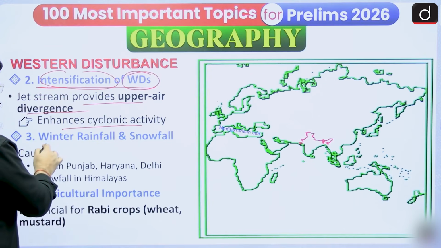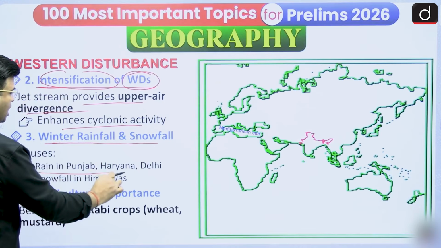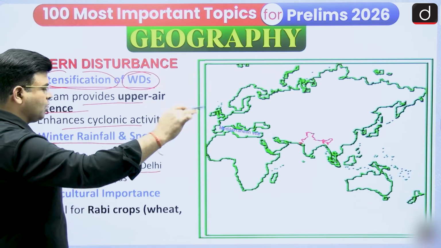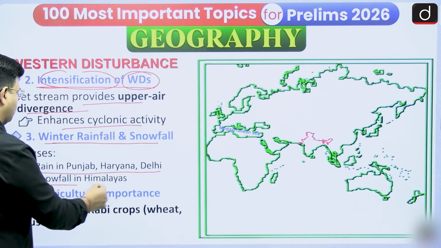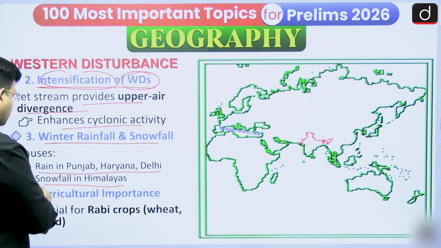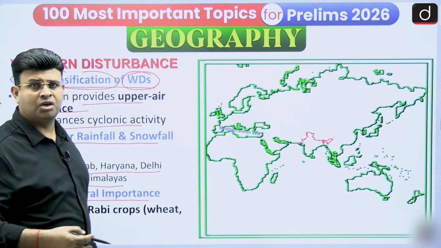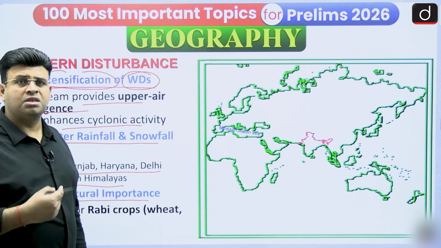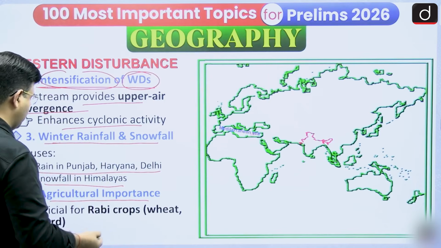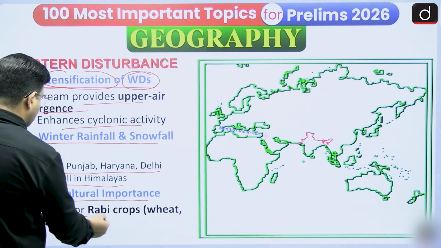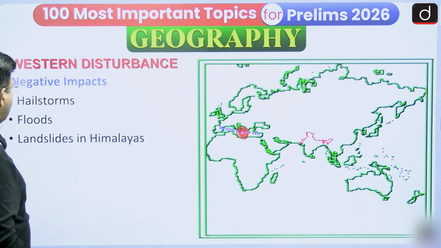Another one is winter rainfall and snowfall: it causes rain in Punjab, Haryana, Delhi, UP and Bihar, and snowfall in the Himalayas. It also has agricultural importance. Rainfall during November, December, January and February is the time of Rabi crops, and it helps the Rabi crops of wheat, mustard and several others.